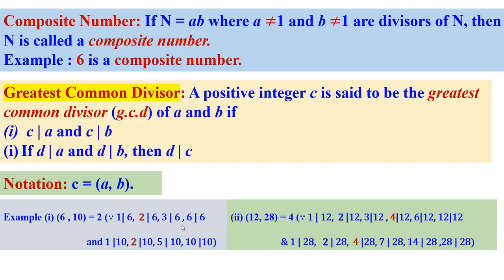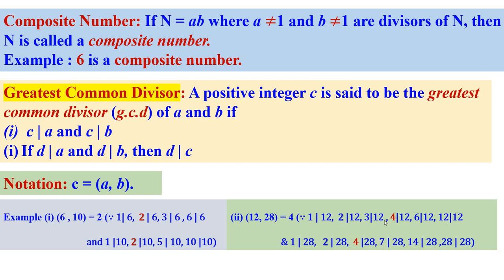Then one more, GCD of 12 and 28. The divisors of 12 are 1, 2, 3, 4, 6 and 12. And for 28, you have 1, 2, 4, 7, 14, and 28.